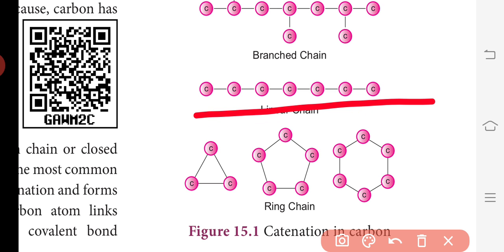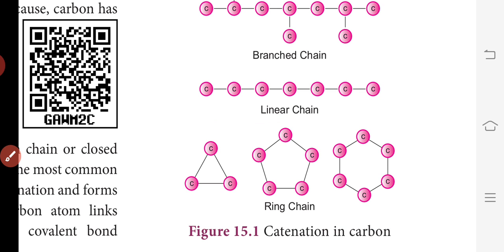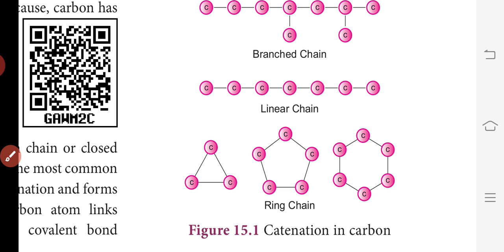Then the third one is the ring chain. In the ring chain, you can see triangle shape, then pentagon shape and hexagon shape. So here all carbon atoms are connected by a single bond. The small hyphen which connects all the carbon atoms is called a bond. Okay, so this is the catenation in carbon.